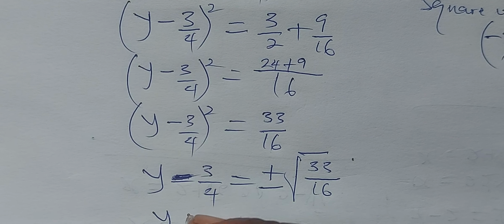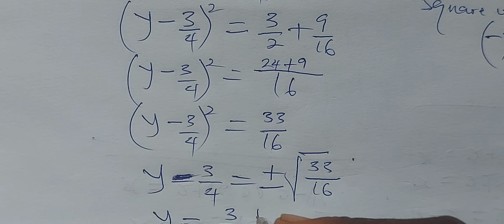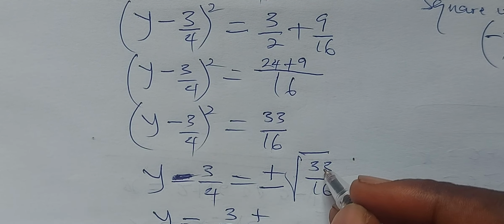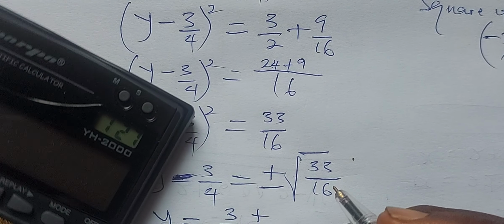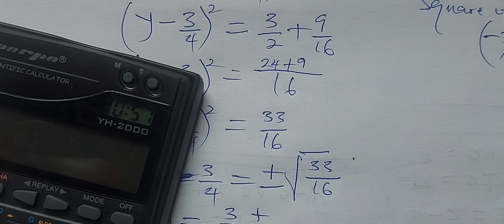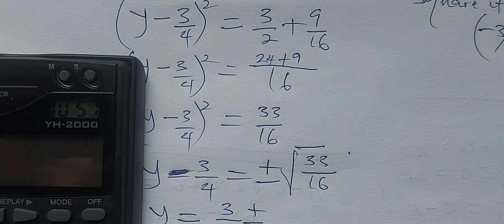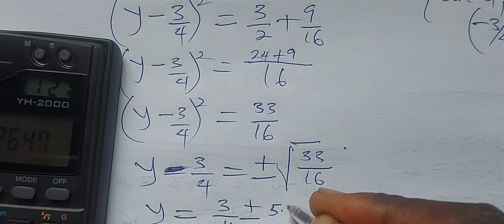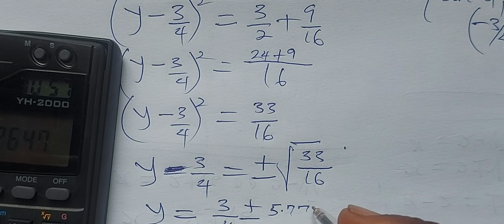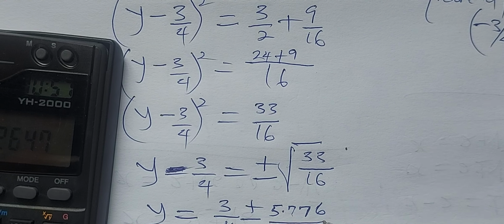So your y now will be 3 over 4 plus or minus the square root of 33, which if you find using your calculator will give you 5.7445. You can approximate it. All over the square root of 16, which is 4.